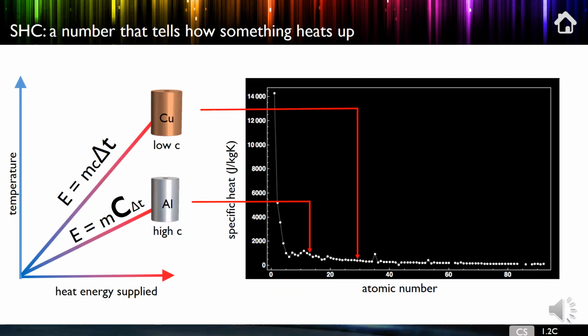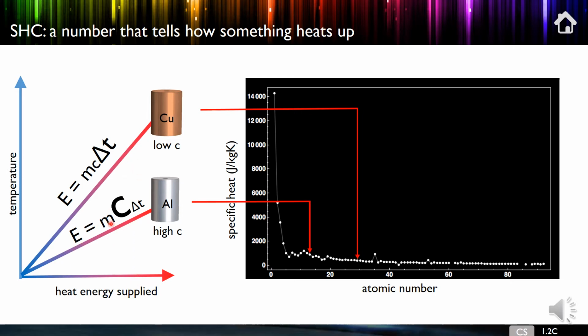Then we've got the effect of specific heat capacity. Now we're comparing aluminium to copper, and copper has a much smaller specific heat capacity. So if the c is smaller, the delta T, the change in temperature, is going to be much greater for any particular energy supplied.